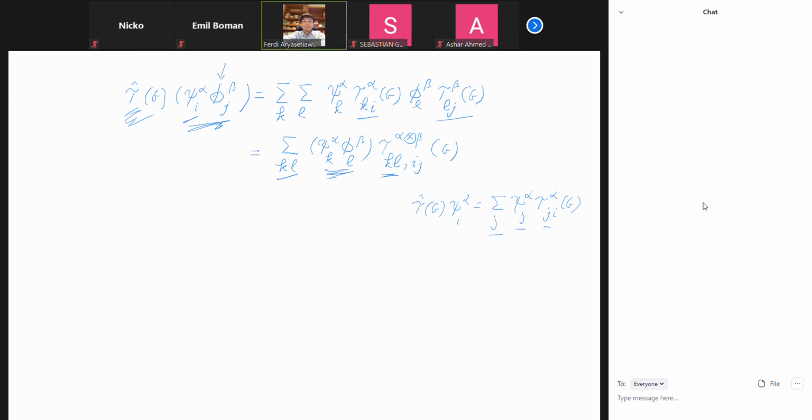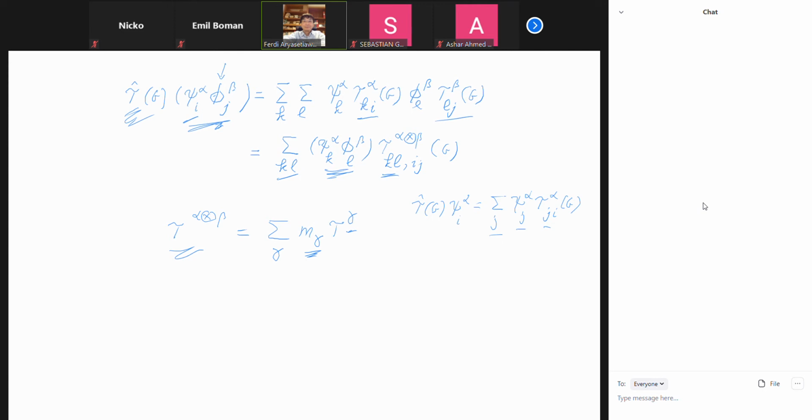So this direct product representation can be decomposed into the irreducible representations, and M gamma here tells us how many times the same gamma representation appears in the reduction of the matrix T alpha cross beta.